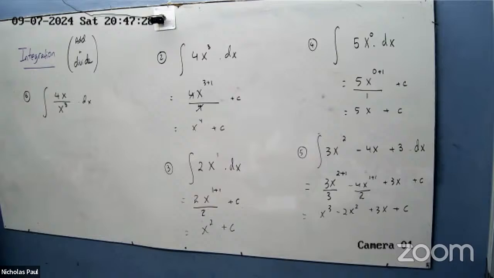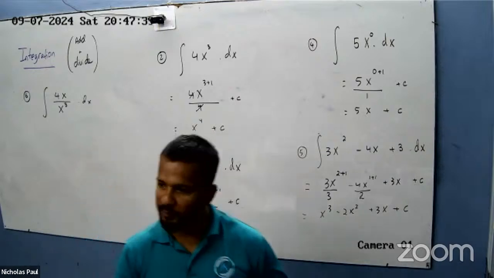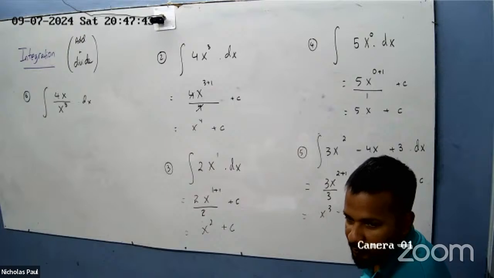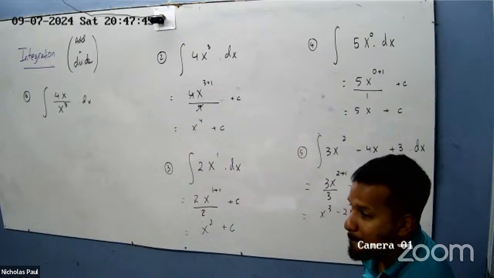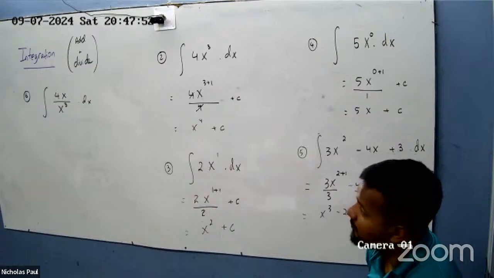What would you do here to be able to integrate this? Anybody? How would you integrate something like that? There's something you have to do before you start to integrate. Anybody want to guess? Anybody online?